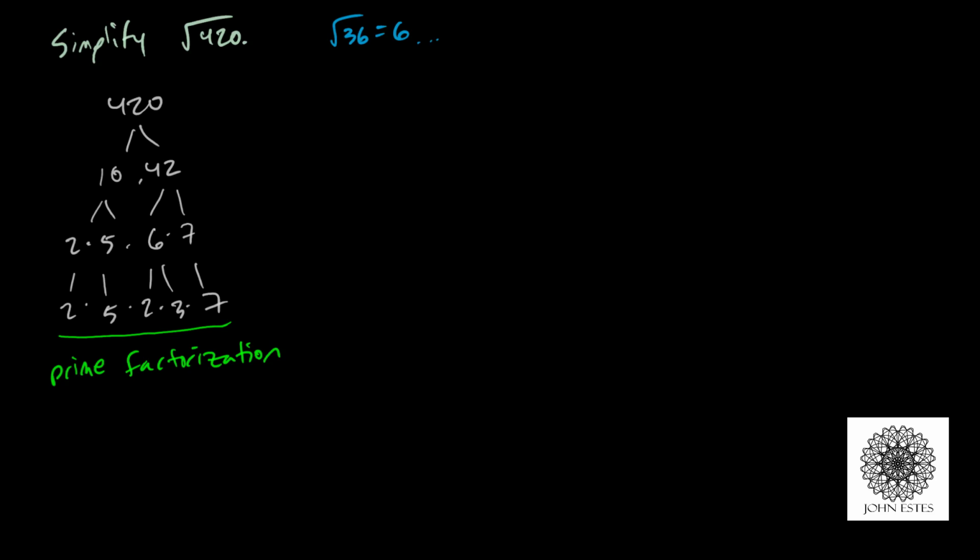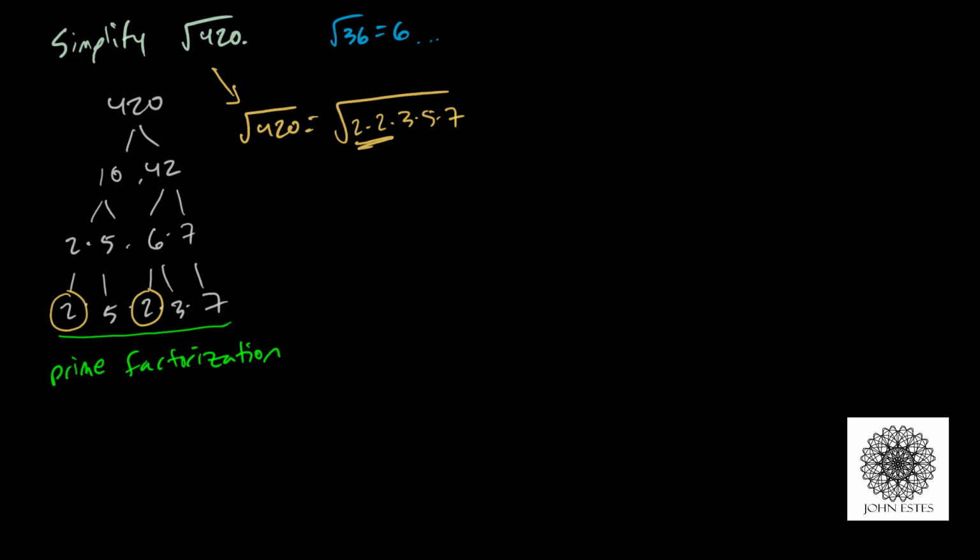And believe it or not, prime factorization helps you figure out the square root of 420. Because when I'm taking the square root of 420, remember, I'm thinking of what times itself 2 times gives me 420. So when I look at the prime factorization, anything that shows up twice in my list can be taken outside of the radical. Since 2 shows up twice, the square root of 420 is the same as the square root of 2 times 2 times 3 times 5 times 7 from the prime factorization.